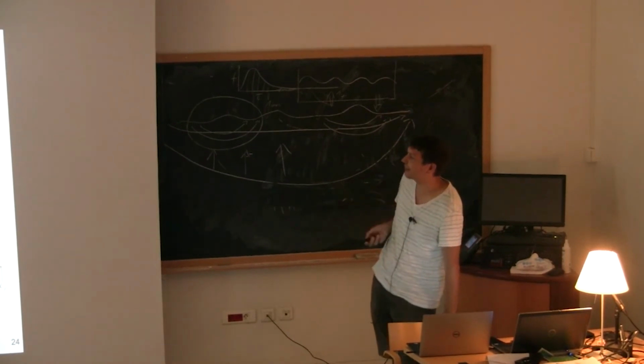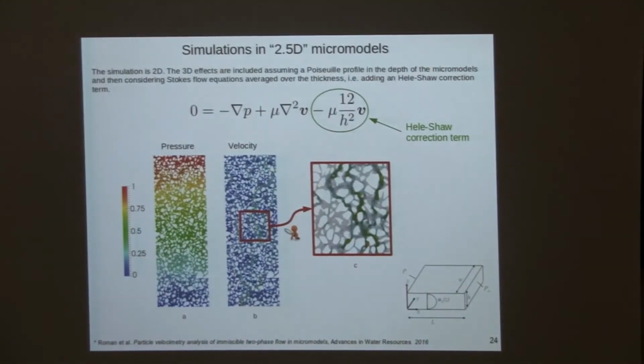So what you do instead of solving the Navier-Stokes equation, or here I remove the inertia term, so it's just the Stokes equation, you first vertically integrate the Navier-Stokes equation, and it turns out that what you obtain is a Stokes equation plus a drag force. This drag force is a Darcy term related to the friction of the flow in between the two parallel plates.